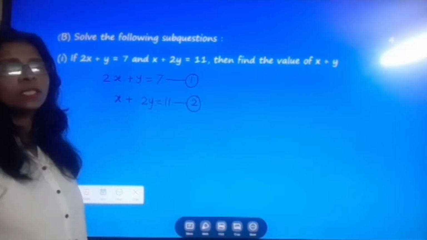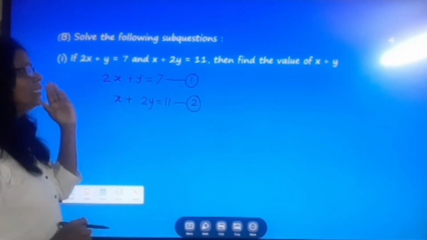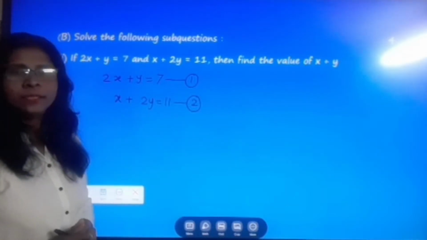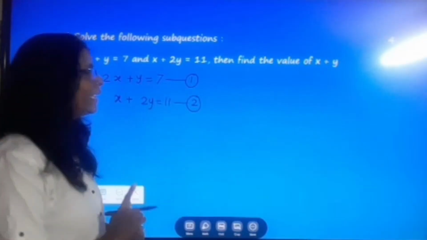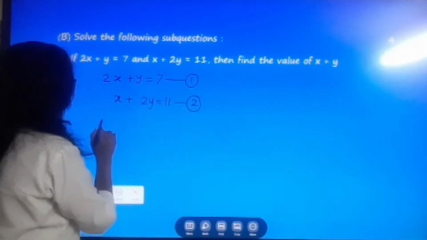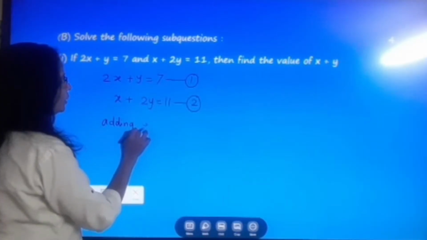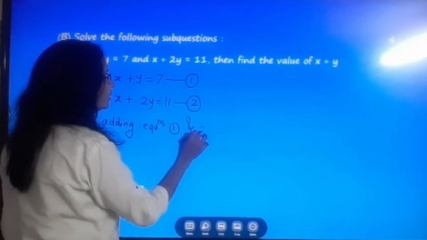Now, students, if you add these two equations, then you definitely get x plus y. So I write, adding equations 1 and 2.